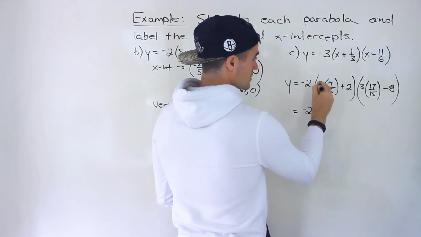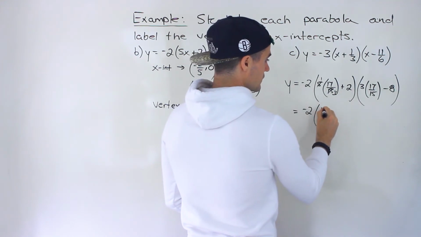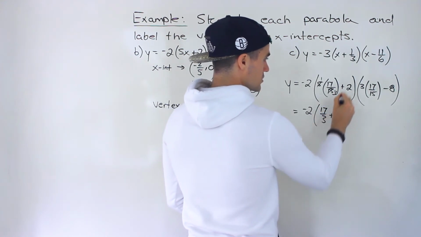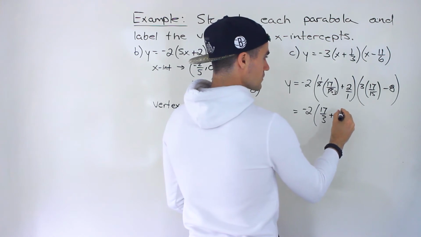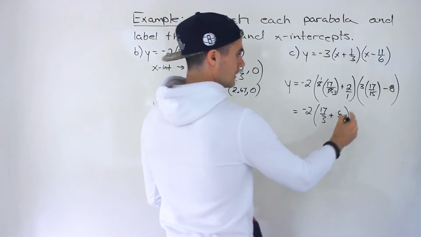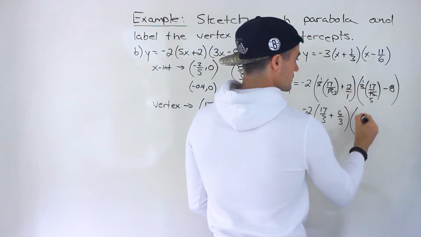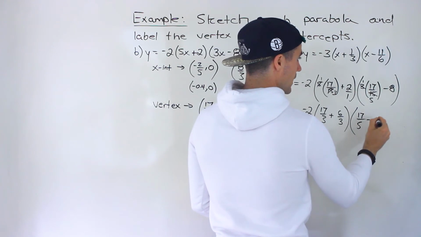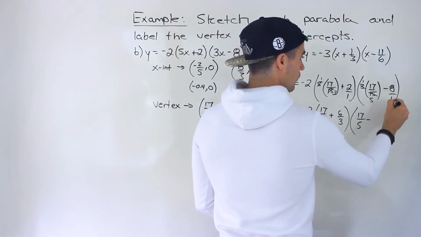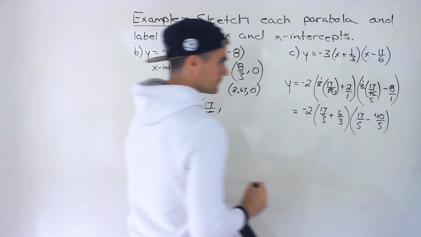So notice 5 goes into 15 3 times here. So we'd end up with 17 over 3 plus 2, which is like 2 over 1. So this would end up being 6 over 3. And then over here, 3 goes into 15 5 times. So we'd end up with 17 over 5 minus 8 over 1, times 5 over 5, so that'd be like 40 over 5.